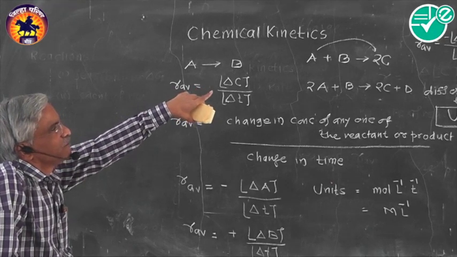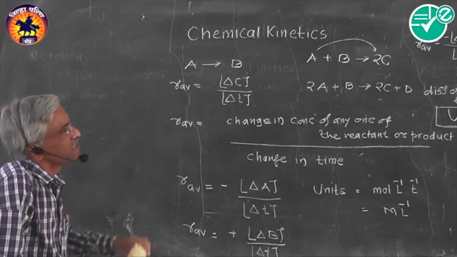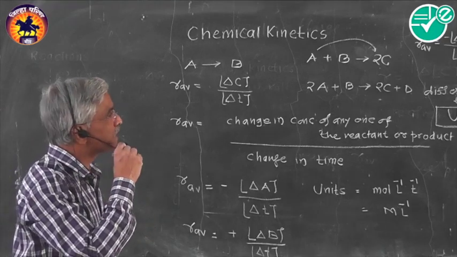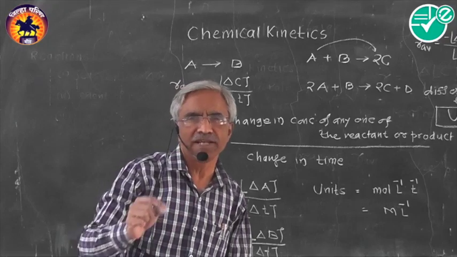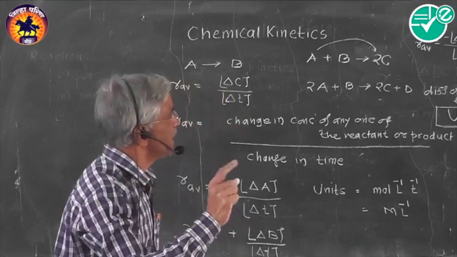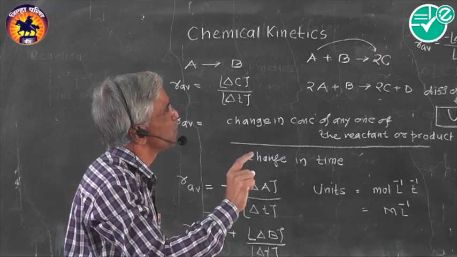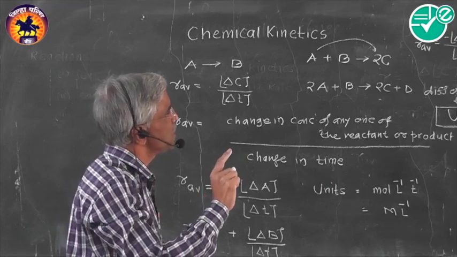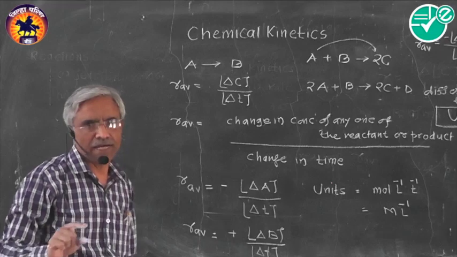Therefore we have to divide it by 1, so we don't need to write 1 there. But for the product C, we have 2 moles. For its uniform rate of formation with respect to A or B, we have to divide the number of moles of that product for its average rate by 2, and therefore we write 1 by 2, change in concentration of product C divided by change in time.